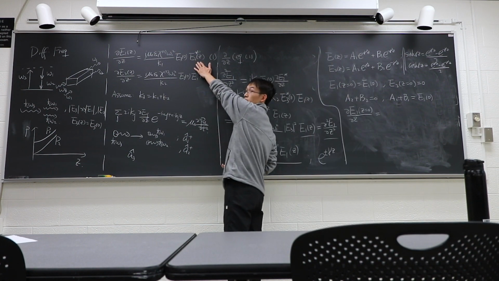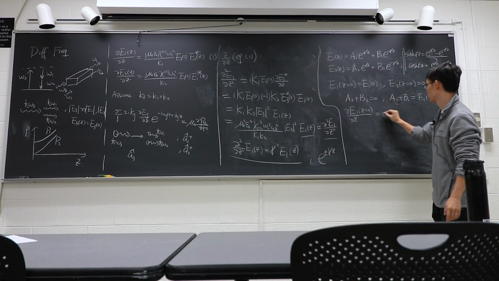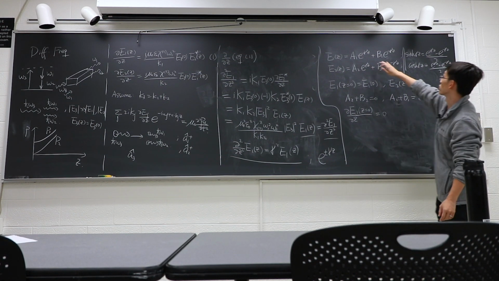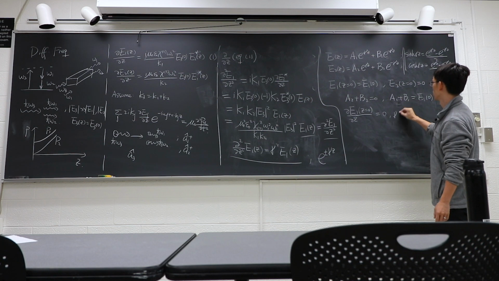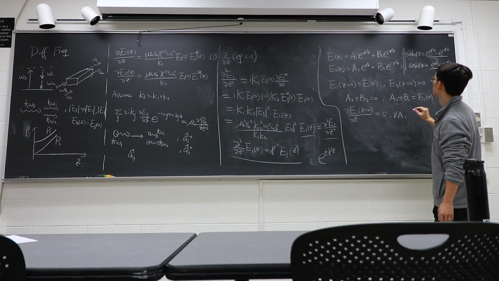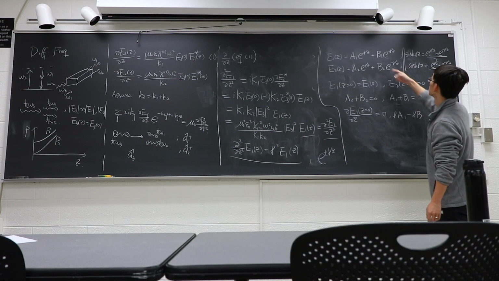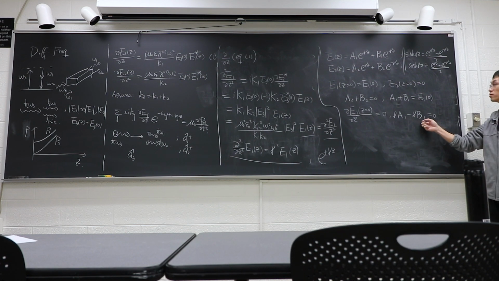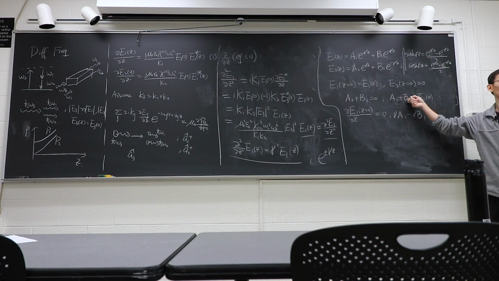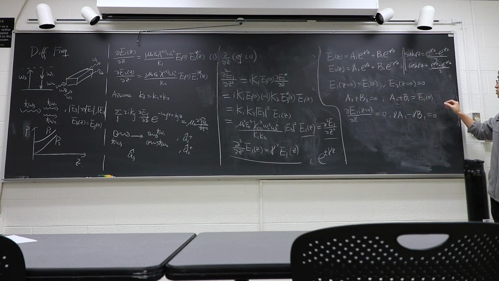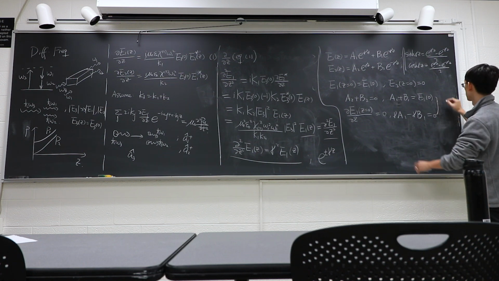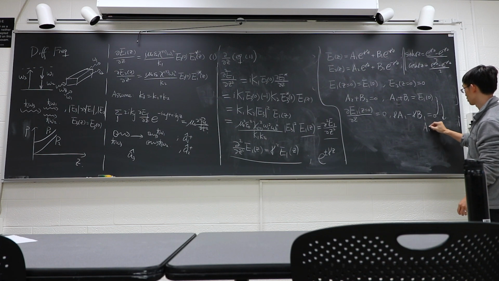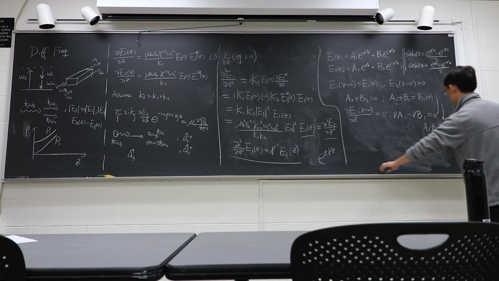E1, because E2 is 0, so the derivative of E1 is 0. Okay, and what this means is derivative of this one, derivative of this one. Okay, so A1 equals B1. So we actually solve A1 and B1. This gives A1 equals B1 equals half E1(0). Okay.